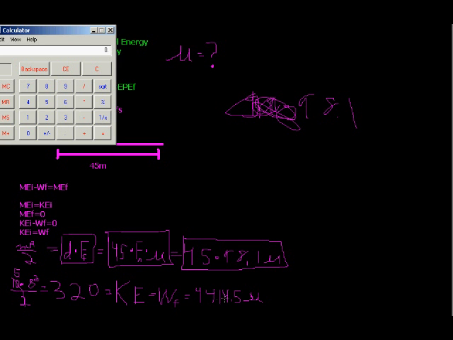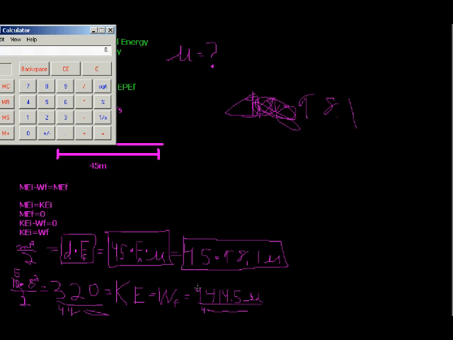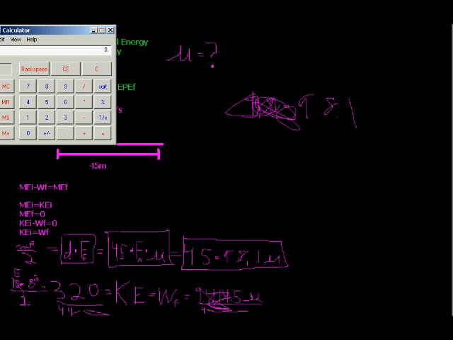We'll just divide both sides by this thing, by the 4,414.5. When you divide this one, this cancels out, right? Because those are the same numbers. You just get mu. You get mu is equal to 320 divided by 4,414.5.